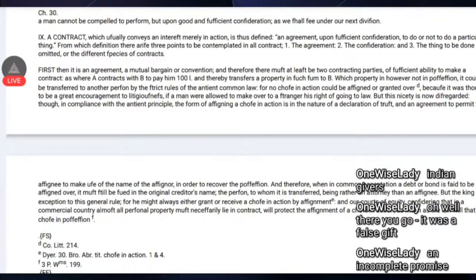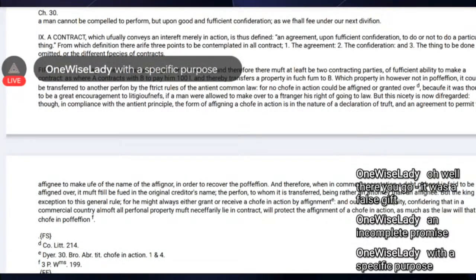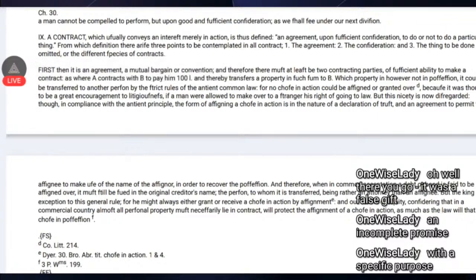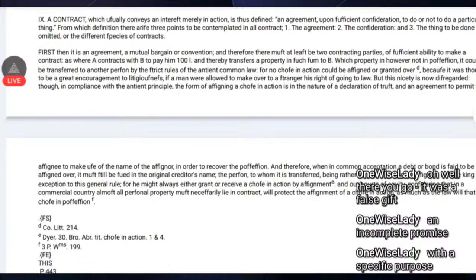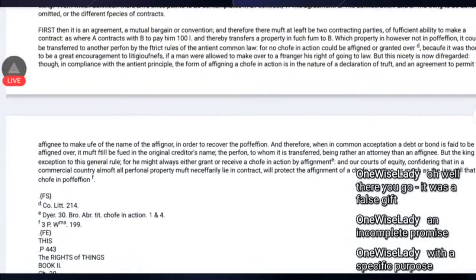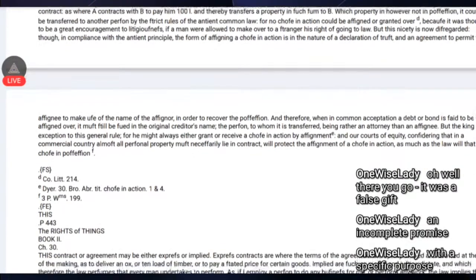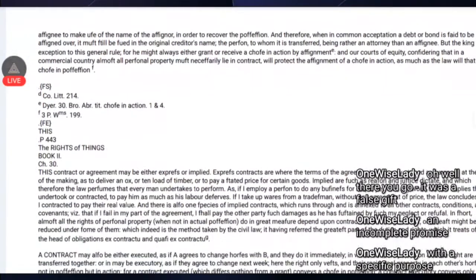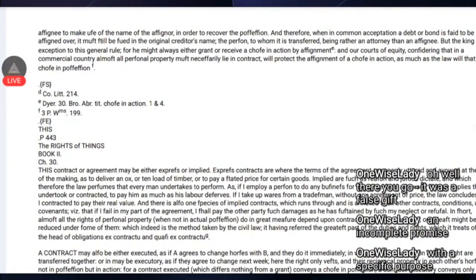For no chose in action could be assigned or granted over, because it was thought to be great encouragement to litigiousness, if a man were allowed to make over to a stranger his right of going to law. But this nicety is now disregarded, though in compliance with the ancient principle, the form of assigning a chose in action is in the nature of a declaration of trust, and an agreement to permit the assignee to make use of the name of the assignor in order to recover the possession.